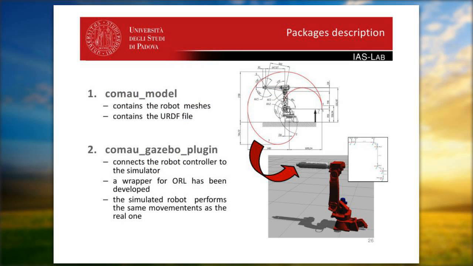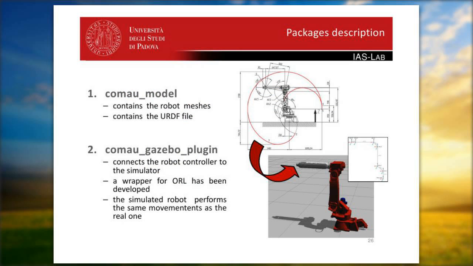The first, as I said, creates the model of the robot, and so it contains the robot meshes, the robot structure, the dynamic parameters, the kinematic characteristics, and so on.